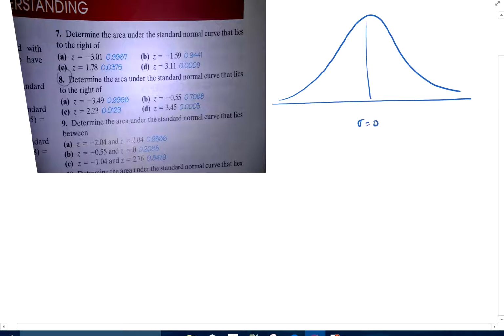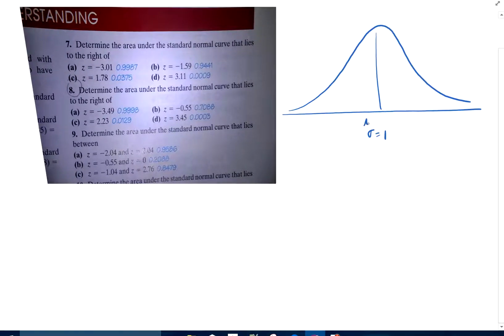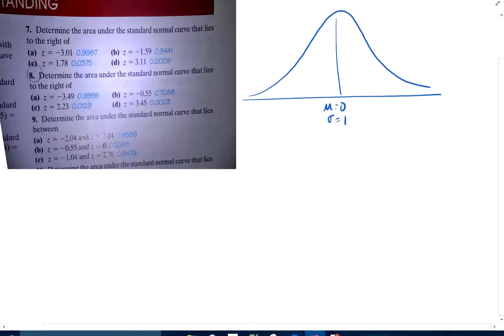Area that lies to the right. Okay, so if I draw same normal curve, so this is sigma is 1 and mu is 0. So my z-scores are along this axis when this is the case. So when z is negative 3.49, this is z. I'm 3.49 standard deviations below.